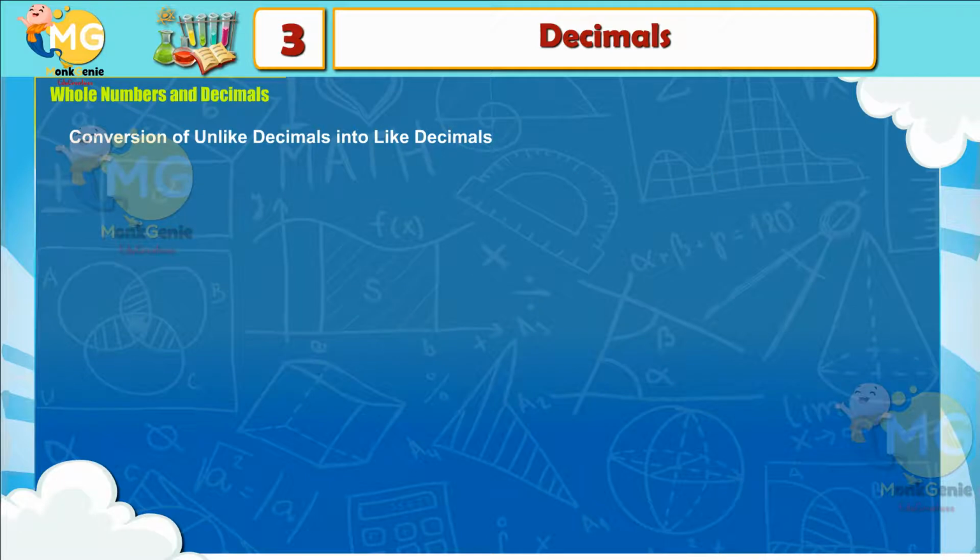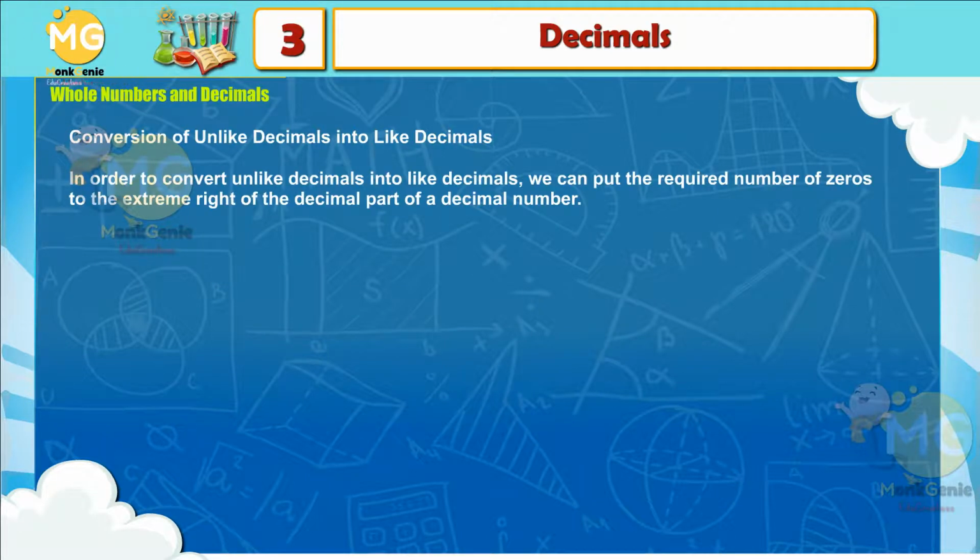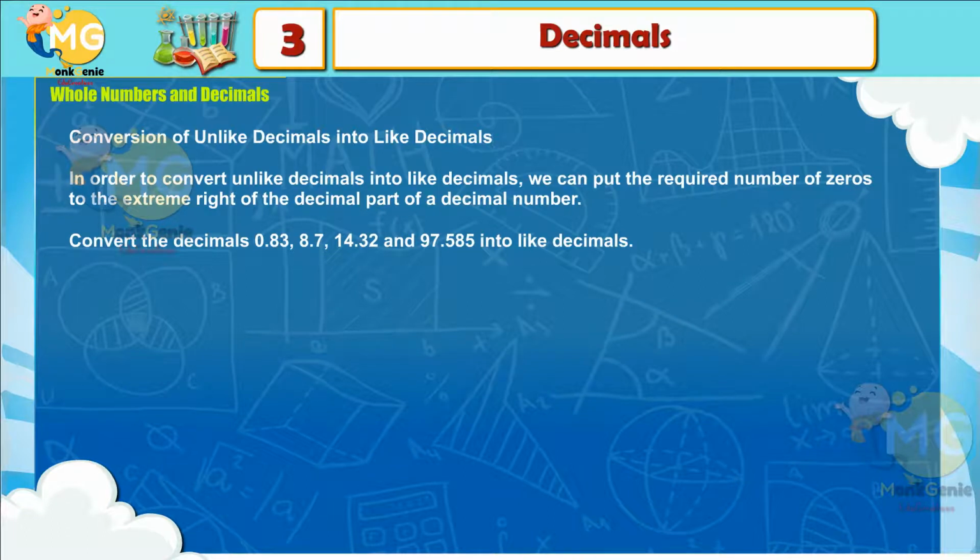Conversion of unlike decimals into like decimals. In order to convert unlike decimals into like decimals, we can put the required number of zeros to the extreme right of the decimal part of a decimal number. Convert the decimals 0.83, 8.7, 14.32 and 97.585 into like decimals.